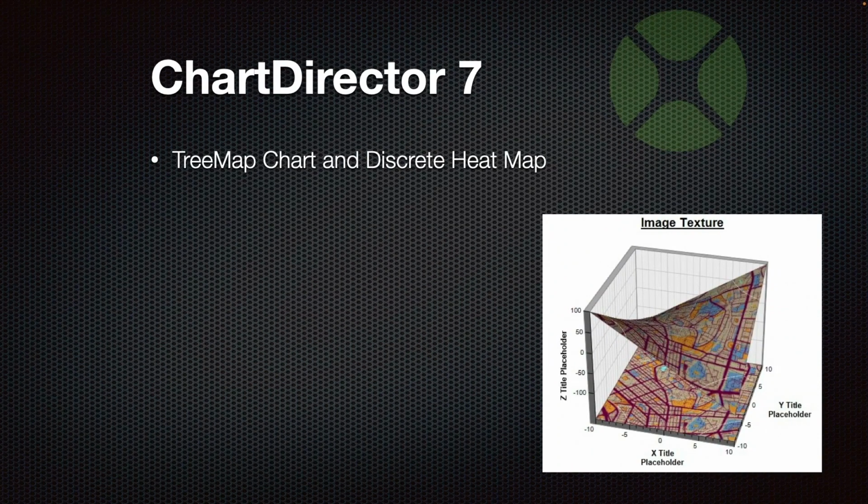Then here we have a screenshot of a tree map chart, which I think is quite nice. It uses a texture for the chart, and we also got multi-page PDF output. So if you like, you can output several charts into one PDF document with ChartDirector directly.